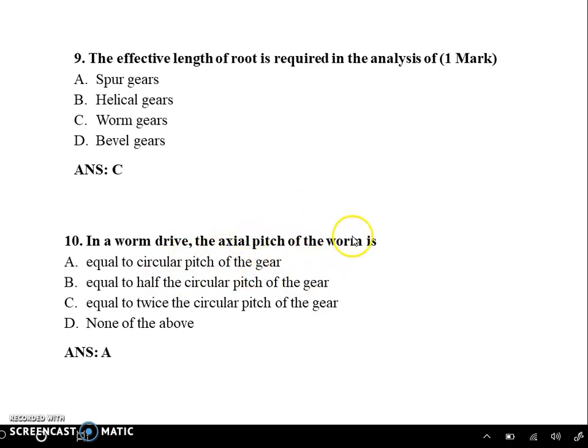Axial pitch is for the worm and circular pitch is for the worm wheel. When the worm wheel rotates, this is circular motion, and when the worm rotates, this is axial motion. But the axial pitch of the worm is the same as the circular pitch of the gear, because based on this assumption only we identify different terminologies.